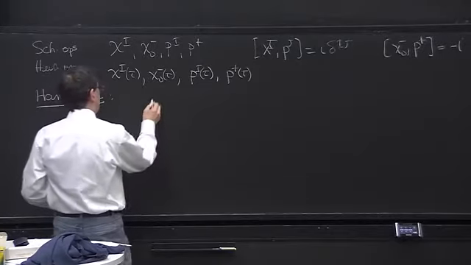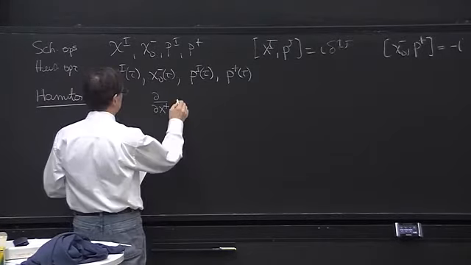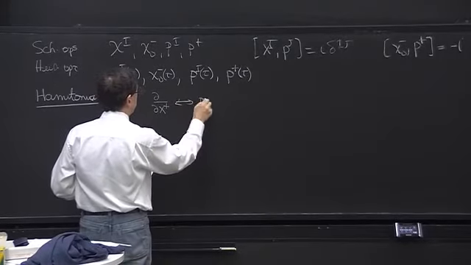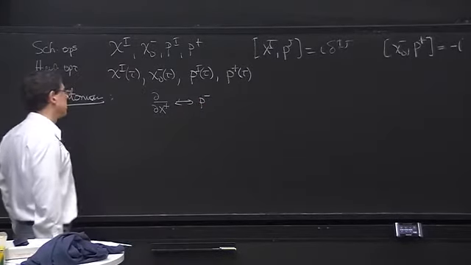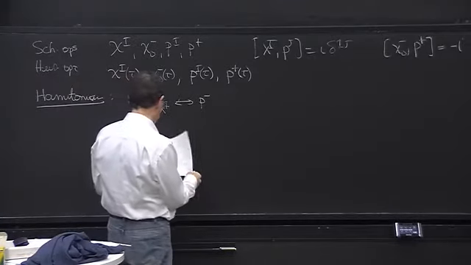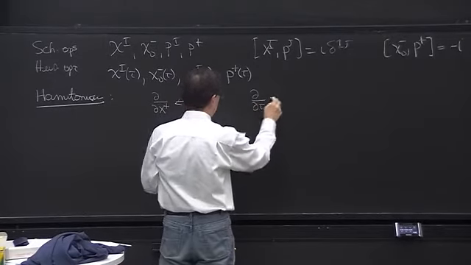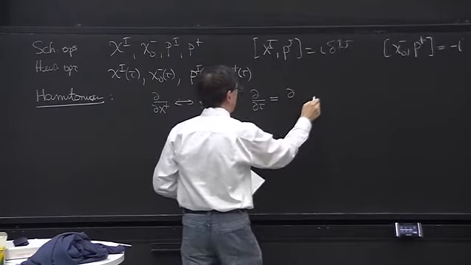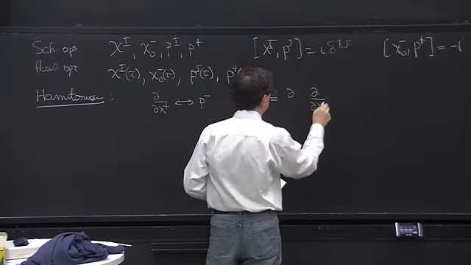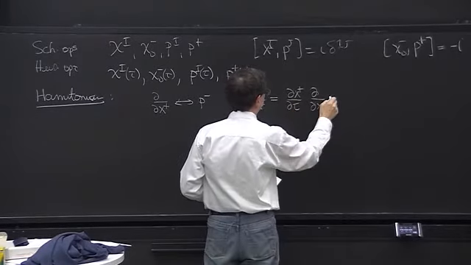By saying, well, if I wanted to evolve things with respect to x plus, I would use p minus as the Hamiltonian, because that's the energy. But I want to evolve things with respect to tau. So d/dtau is really not quite d/dx plus, but pretty close, dx plus/dtau.